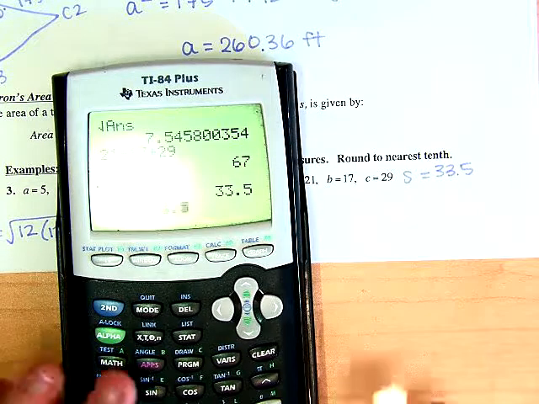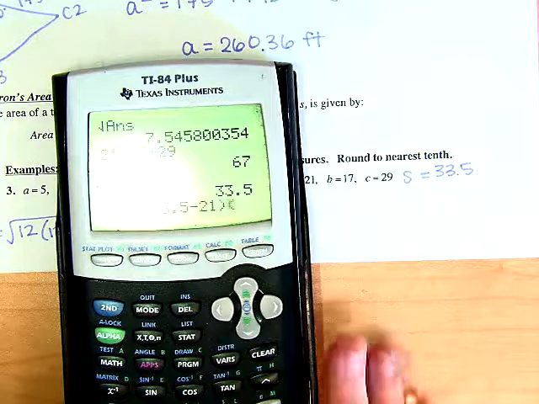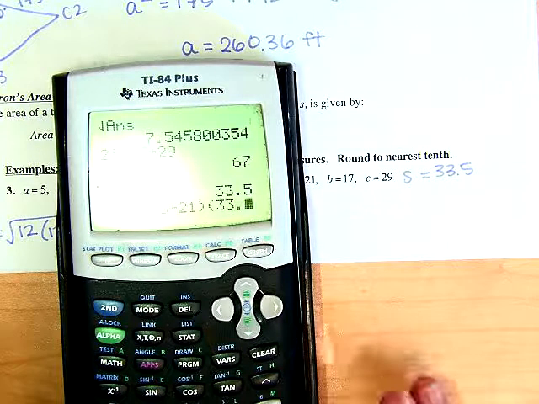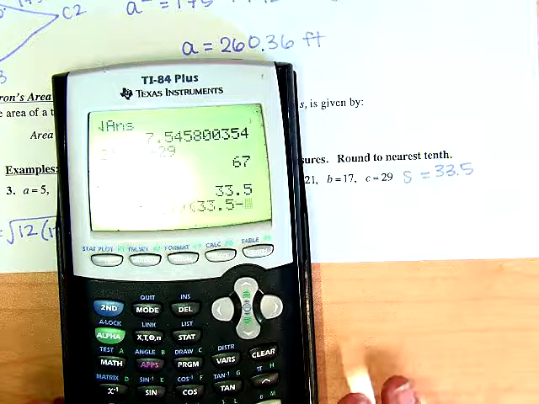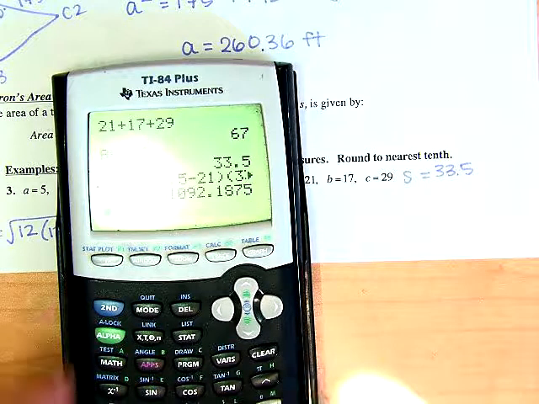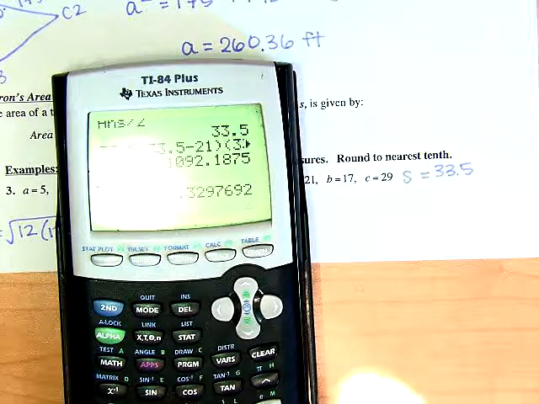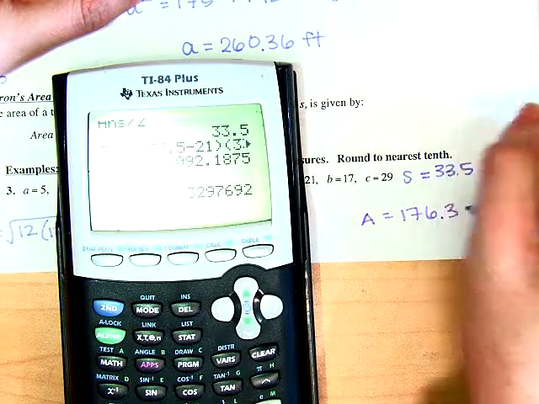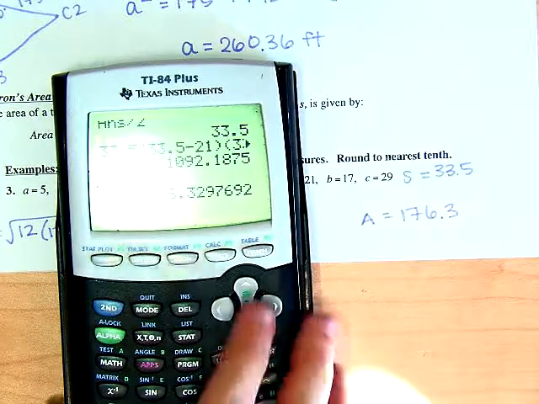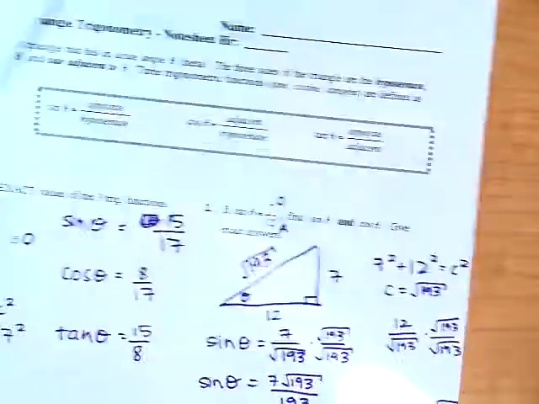Then I do 33.5 minus 21. 33.5 minus 17. 33.5 minus 29. Take the square root of that number, and I get my area to be 176.3. Is that it? It is.